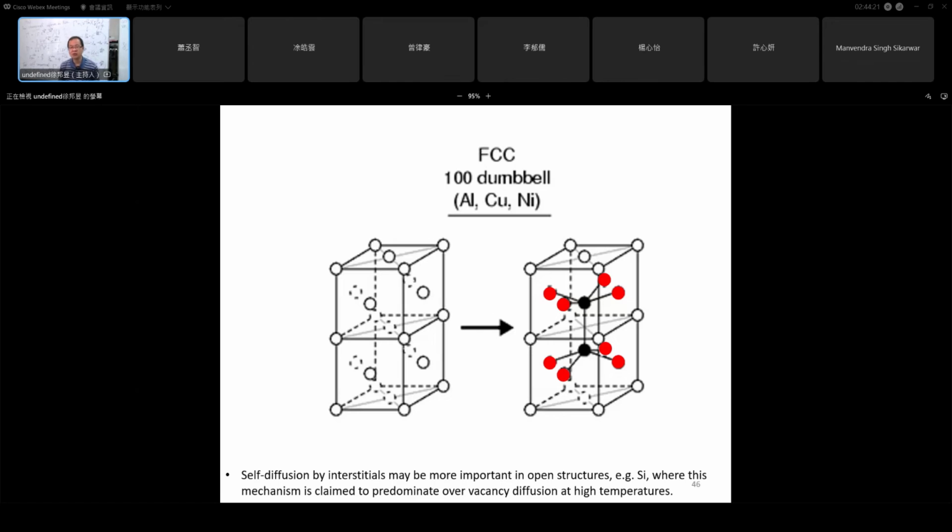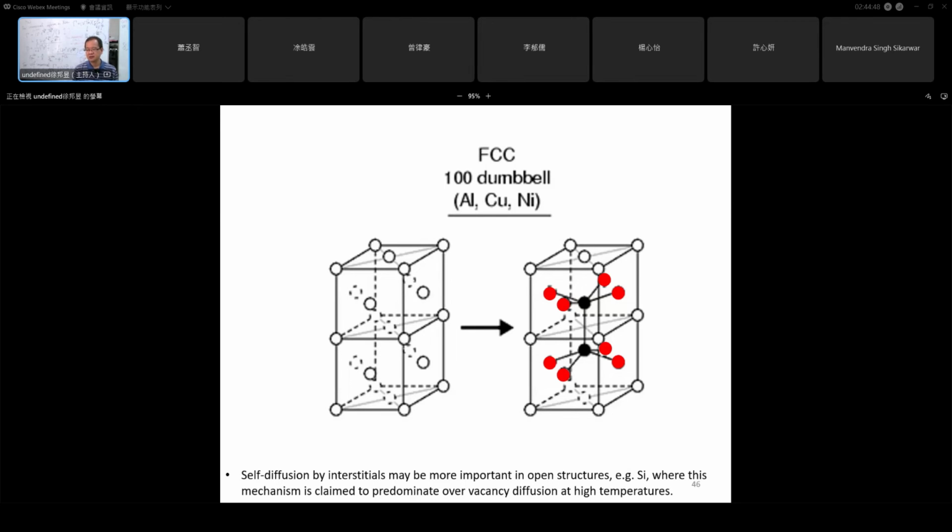Okay, this is the reason why the FCC dumbbell has an 8 coordination number. Look at it, the red one has 8 possibilities to hop, right? Those interstitials, the black one, can squeeze the crystal and then move to the gray side. So the coordination number is 8. When you move to that new side, you still have 8.